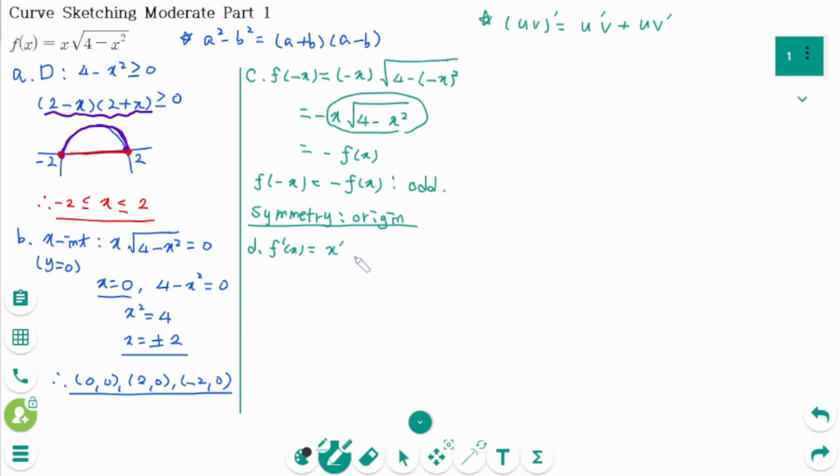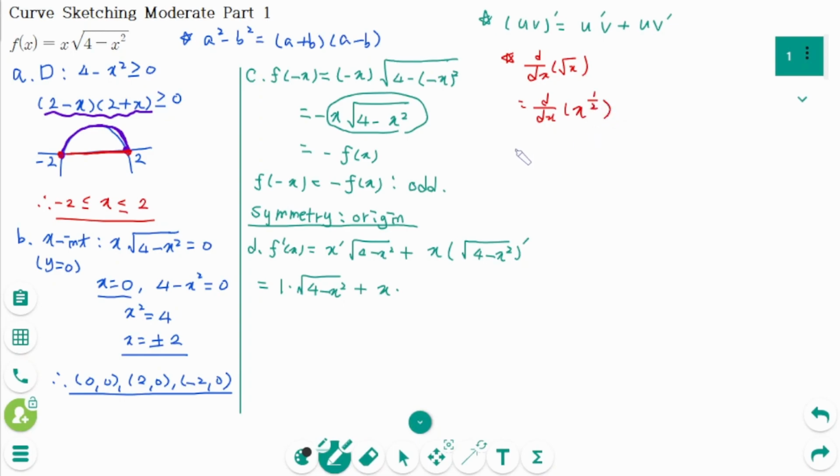Then x prime times the square root of 4 minus x squared plus x times the derivative of the square root of 4 minus x squared. x prime is 1. The derivative of the square root of x equals the derivative of x to the power of 1 over 2, then 1 over 2 times x to the power of minus 1 over 2.